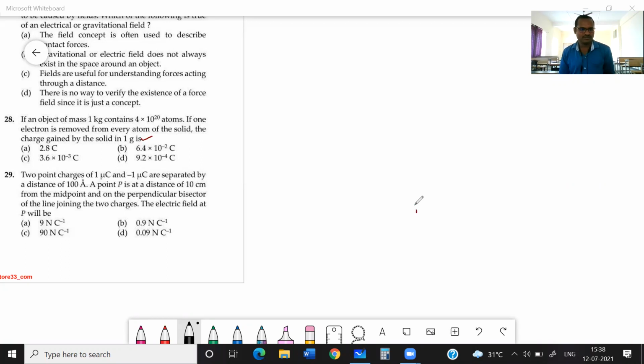Total 1 kg contains 4 into 10 to the power of 20 atoms. Then 1 gram contains how many atoms? Otherwise you can say 1 kg contains 4 into 10 to the power of 20 atoms.